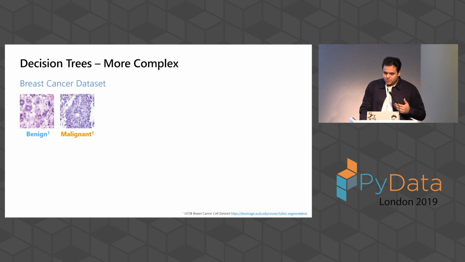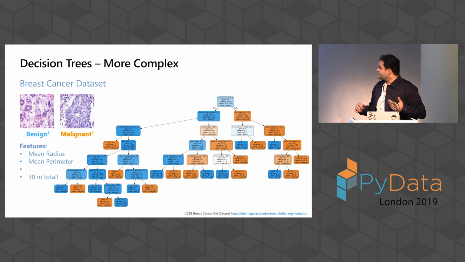If you look at a slightly more complex data set, this is the breast cancer data set. There are 30 different features here. And if we train a decision tree now, you get something that's a bit more complex. The complexity of the tree increases as the number of features increase. And you can, of course, simplify this by setting a limit to the depth and also pruning the tree in other ways.